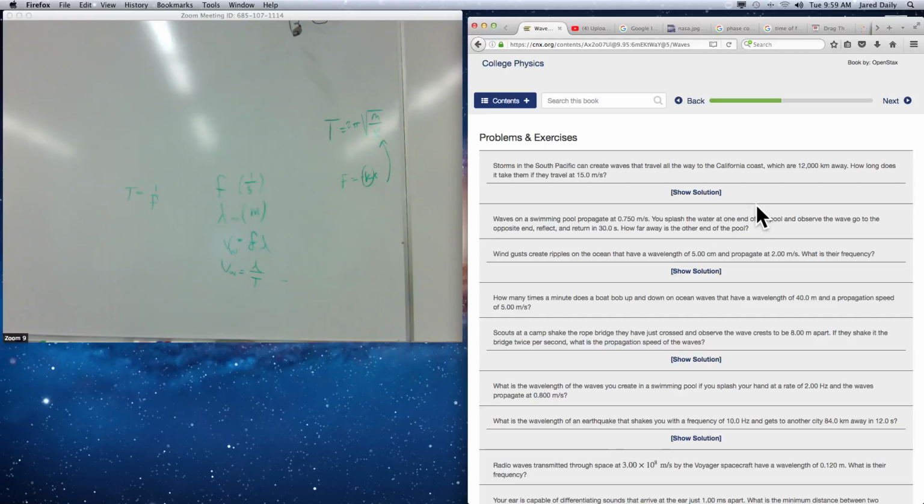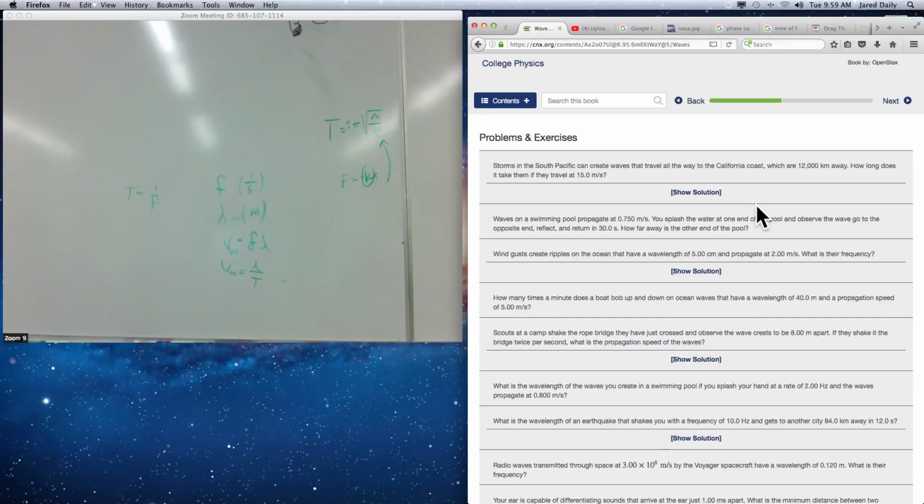The wavelength is, I want to say it's a little bit less than a meter, but not much. And so if you multiply by the 440 hertz, you get a speed of about 440 meters per second. That's about 400 meters per second, which is about the speed of sound in air.